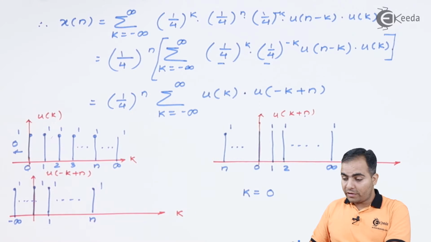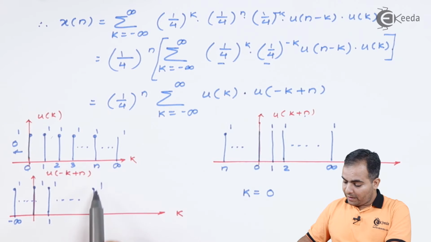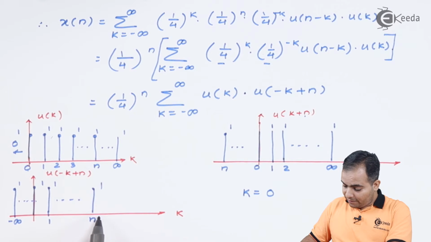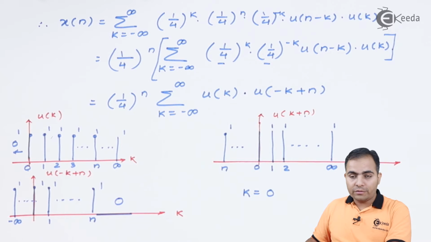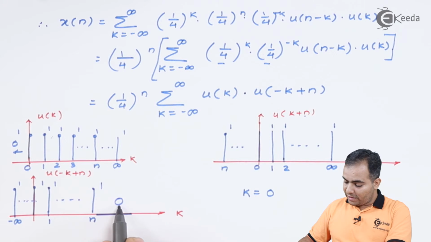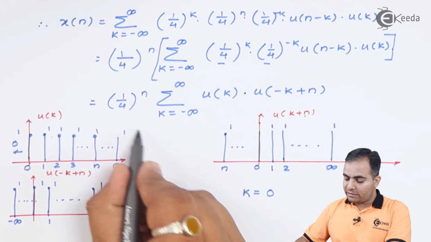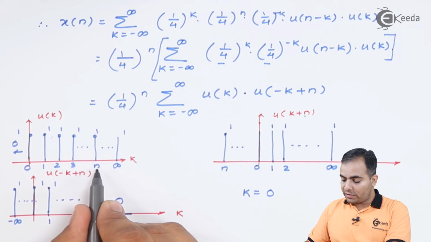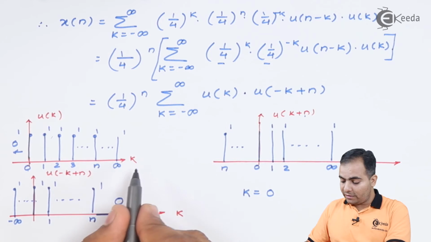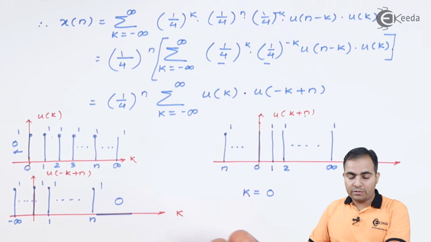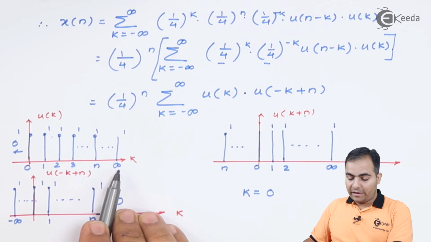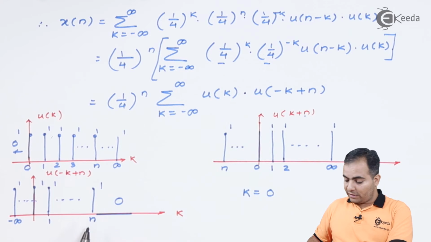Now where will this product terminate? Look here: up to n both graphs have amplitude 1, but after n, u of minus k plus n has amplitude 0. So after multiplying by 0, the whole part of u of k that comes after n will be replaced by 0. u of k varies till infinity, but u of minus k plus n varies only up to n.